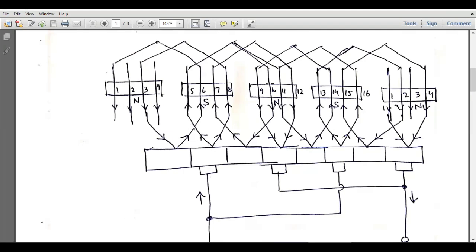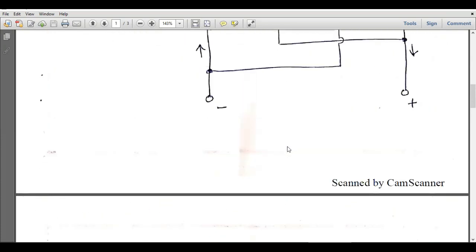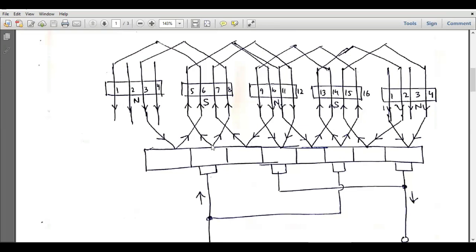First we will move to conductor number 5, then conductor number 10, then conductor number 7, and then conductor number 12, and then we have reached the positive terminal. So 5, 10, 7, 12. This is our first parallel path. Now we can start counting the conductors in this direction, okay?